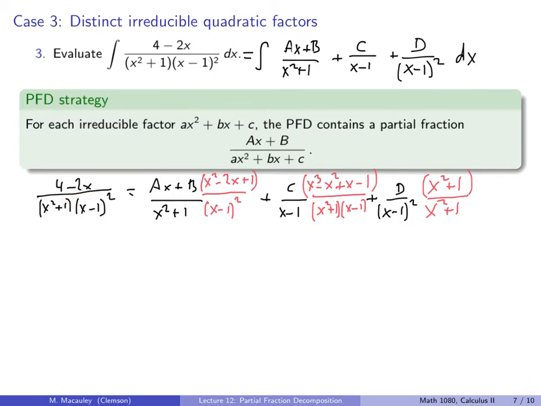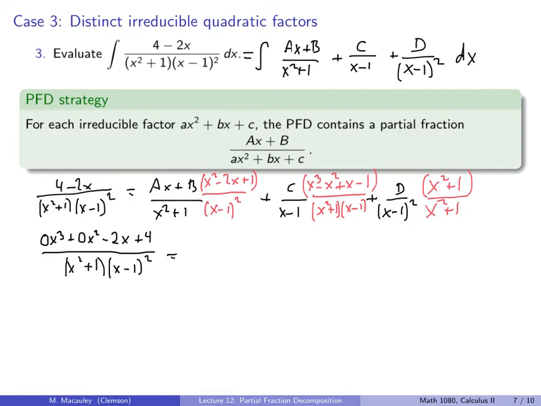So we could write it as 0x cubed plus 0x squared plus or minus 2x plus 4 over x squared plus 1, x minus 1 quantity squared.